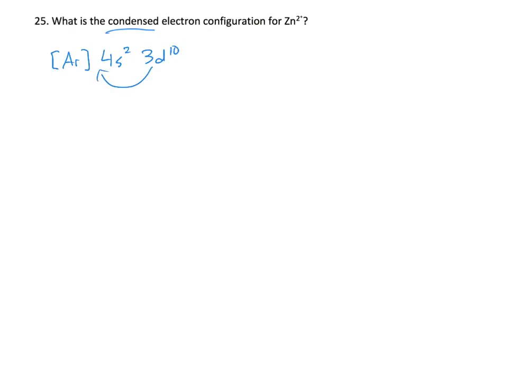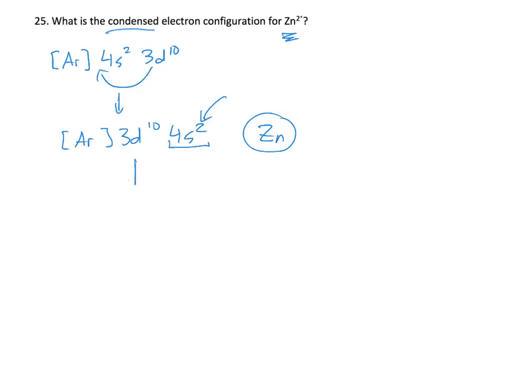We tuck the d's under the s's, and we end up with argon 3d10, 4s2. Now this is the condensed electron configuration for neutral zinc. It wants zinc 2+. So we need to pull 2 electrons out, and the ones we pull out are the ones that are highest in energy, which are these 4s2 electrons.